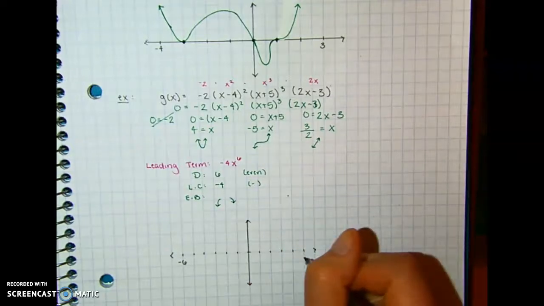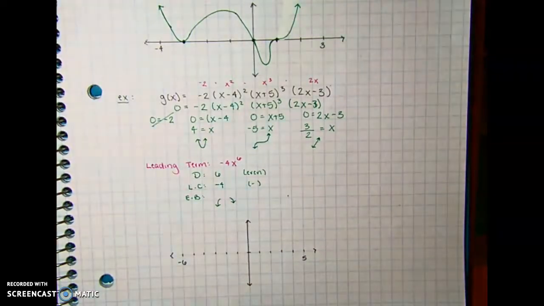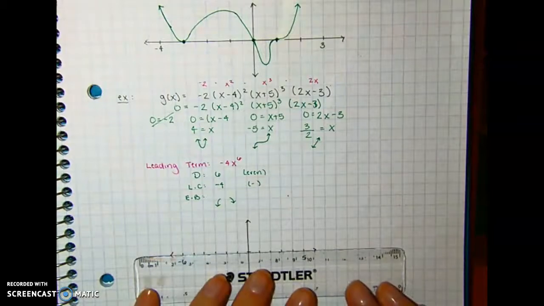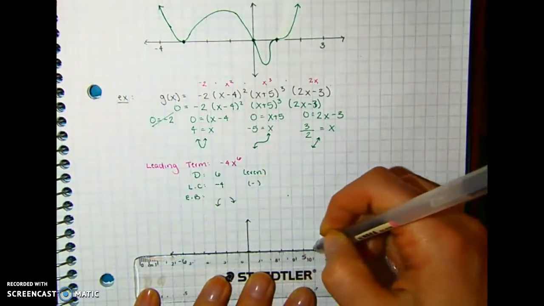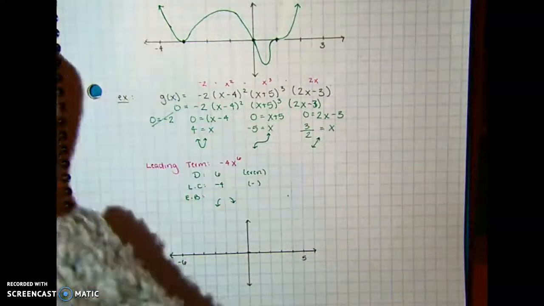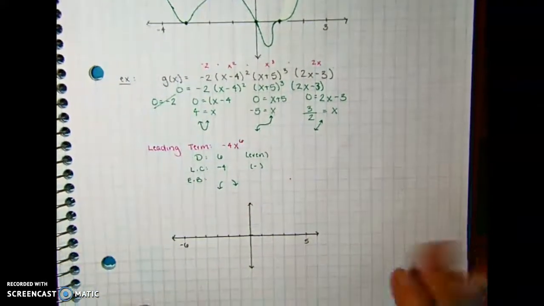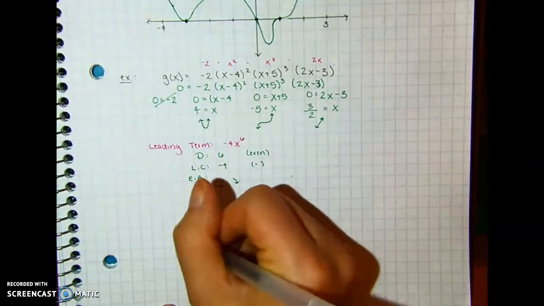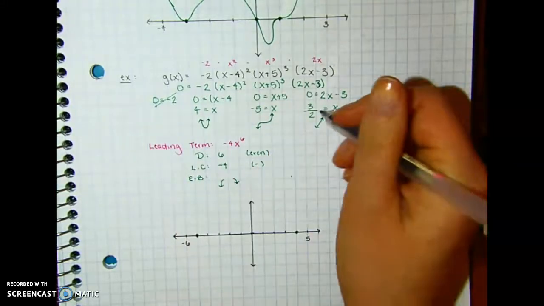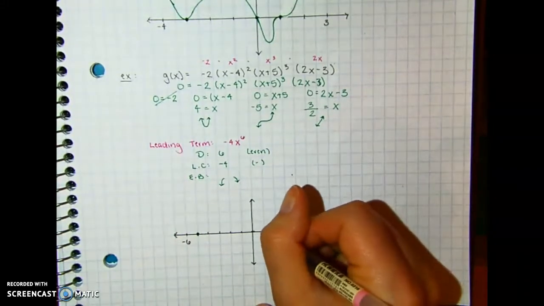And positive 5. Okay, so first thing, plot where we're going to intercept the graph. So positive 4, negative 5, and 3 halves, which is 1.5.